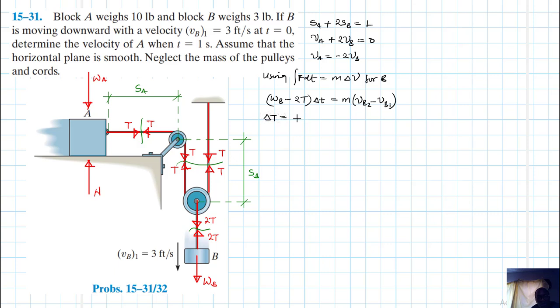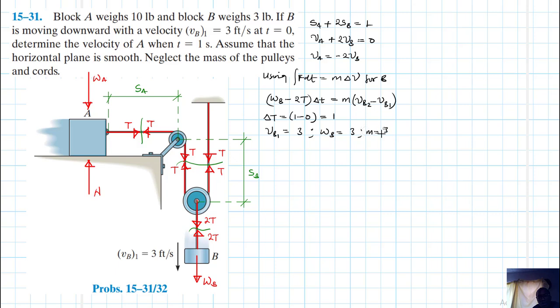Delta t is just 1 minus 0, which is 1. VB1 is equal to 3, and WB is equal to 3.